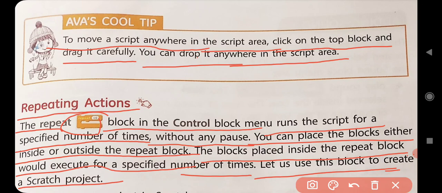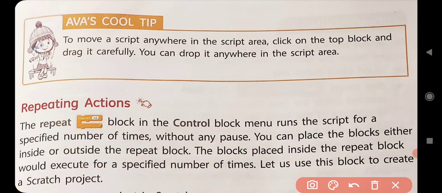In the block you can see a number given, here it is 10. Whatever number you put here, the blocks will be repeated that many times. So let us use this block to create a Scratch project.